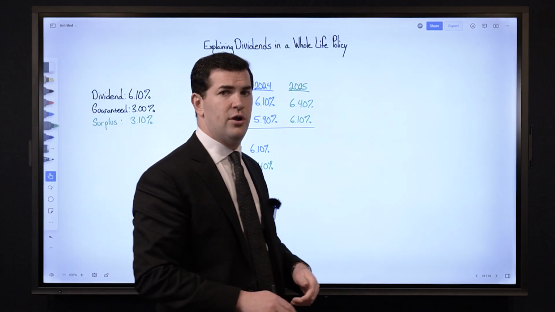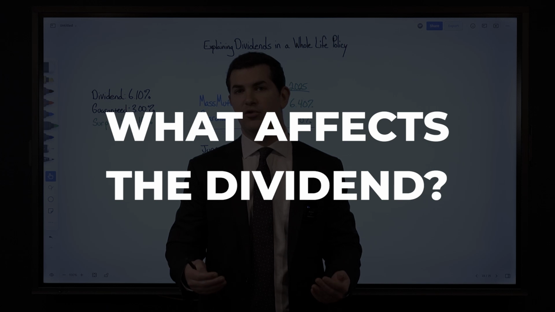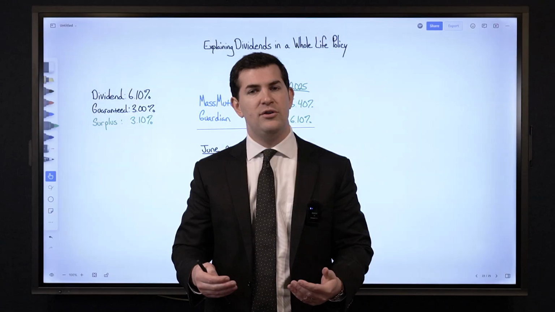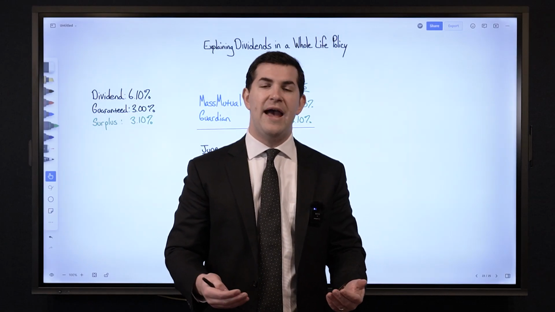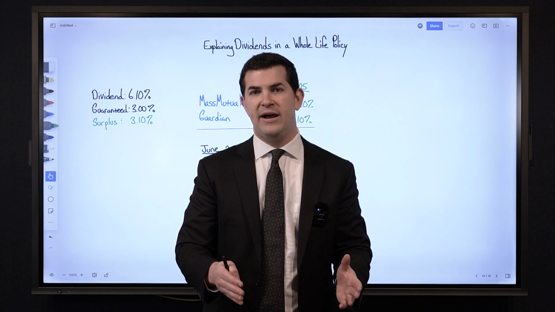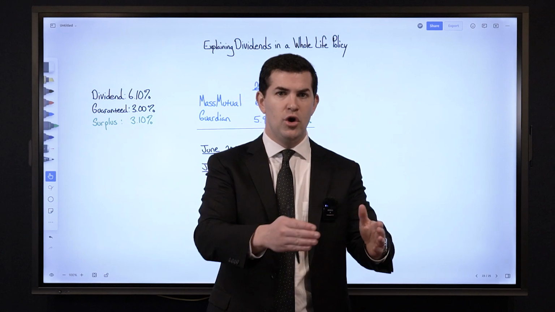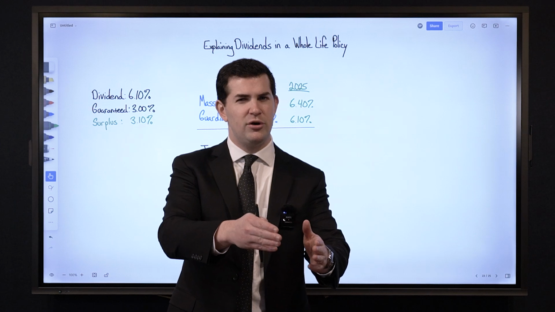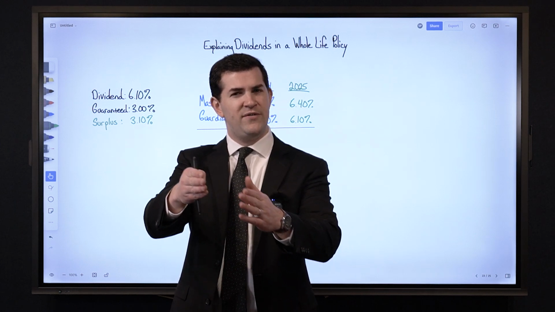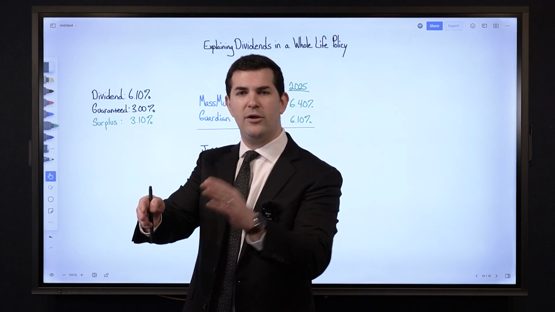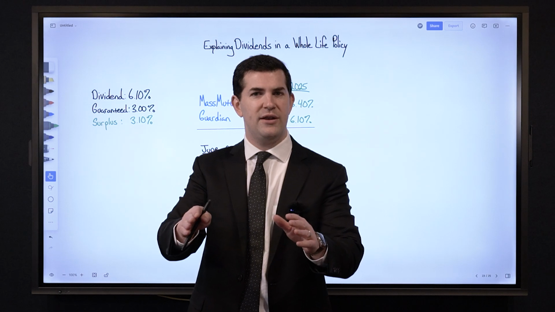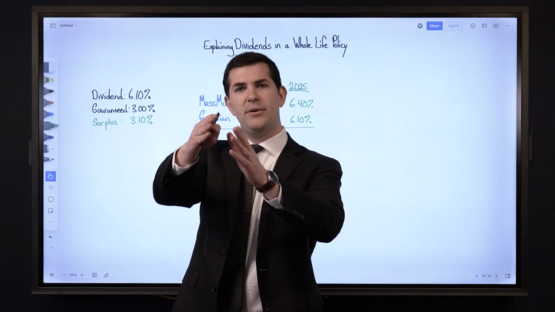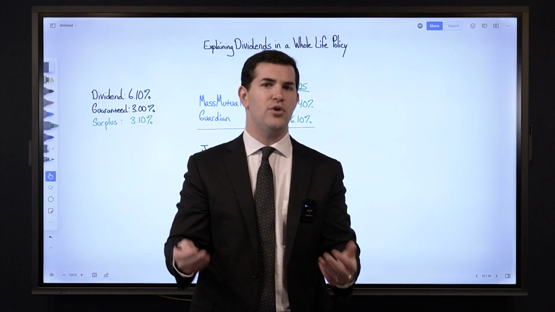Our next question, what affects the dividend interest rate? So this depends on the life insurance company that you select. However, you will find that most life insurance companies, when they adjust dividend rates, are all typically close to each other, within 100 to 150 basis points, meaning 1% to 1.5%, and they all tend to go up and down in terms of trends.